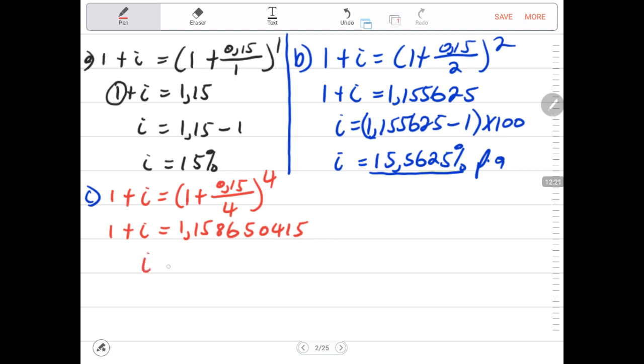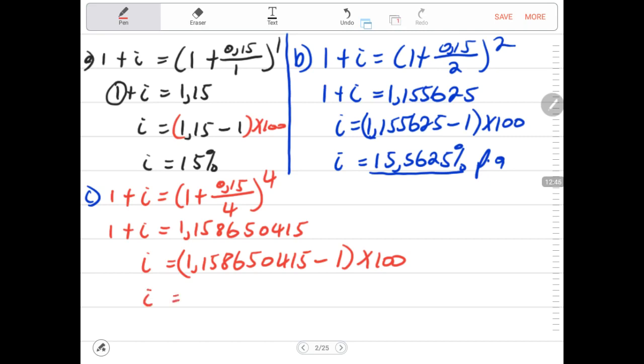Then after, our I will be equal to 1.1586 minus 1. Don't forget here to put brackets and multiply by 100. Previously I forgot in the first one, but there will be no penalty for marks.